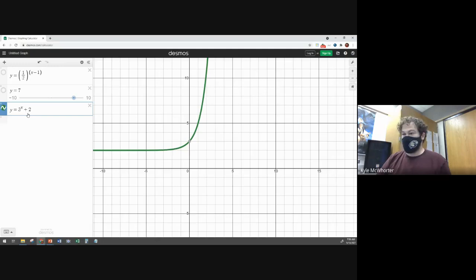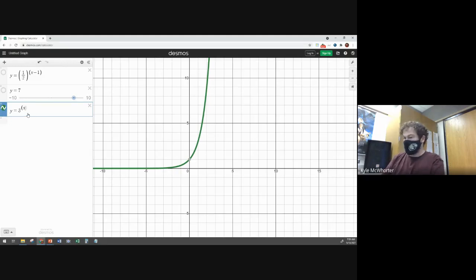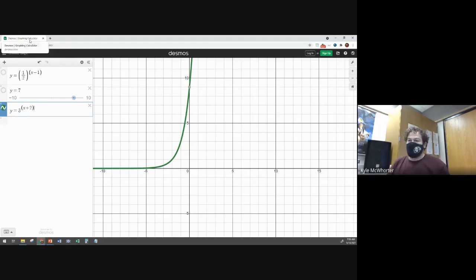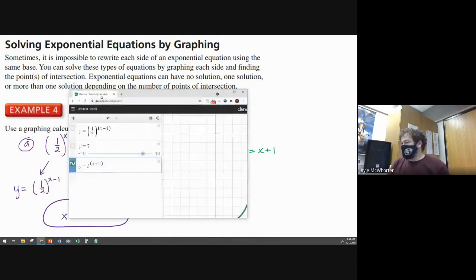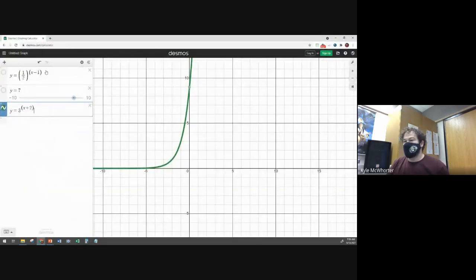So we don't want that. We need the plus 2 to be in the exponent. So what we have to do is you have to do parentheses, then x plus 2, then close the parentheses. And then the other thing we're going to graph is just y equals x plus 1.